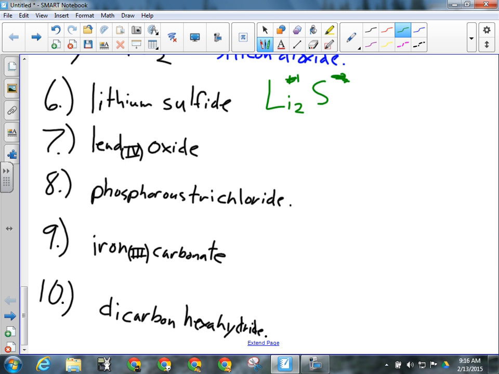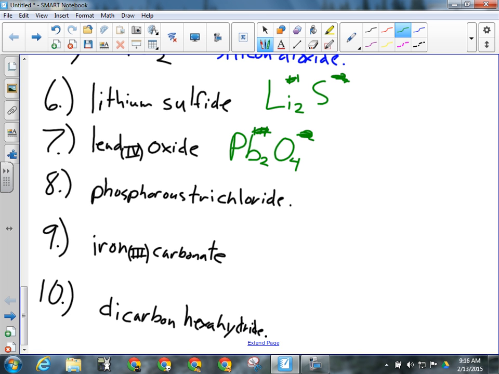Number 7, a little bit trickier. I picked this one on purpose because I wanted to show you basically all the exceptions that can possibly happen. Lead(IV). So that means write lead, and what charge am I using? +4. And oxide is -2. Now when I swap and drop, I get 2 and 4. Should I leave it like that?